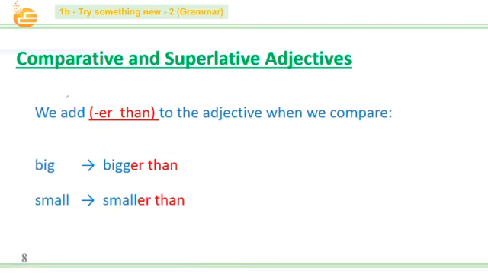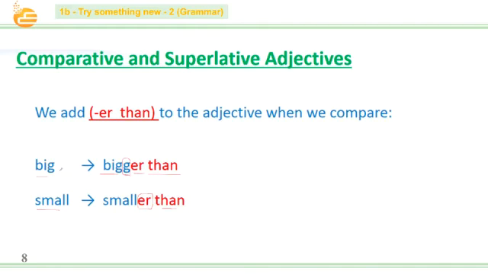Let's elaborate. We add ER and "than", like we said before, to the adjective when we compare. Big, bigger. Okay? Bigger, double G, ER than. Small, we add ER than. So big, bigger than.